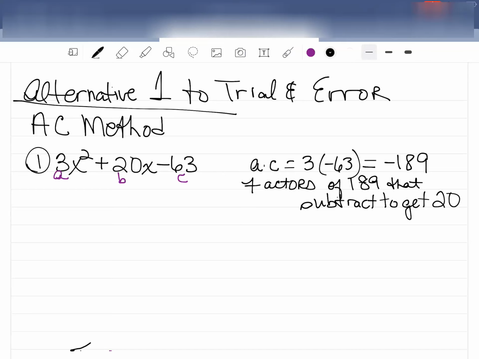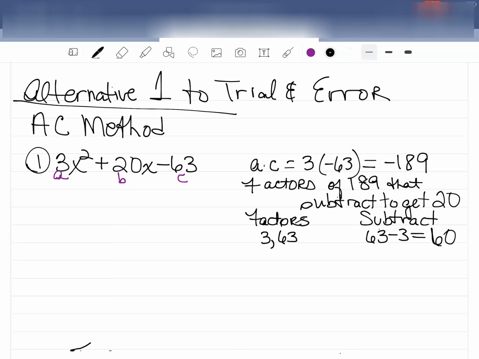Here goes. Getting those factors of 189 is not easy. So I already know 3 and 63 are factors, but if I subtract, that's going to give me a 60, not what I'm looking for. So I got to pick something else.